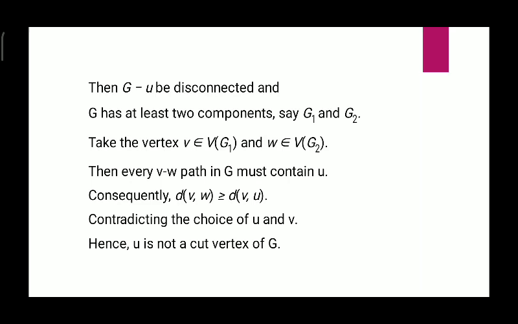Then every VW path in G must contain U. Consequently, the distance between V and W is greater than the distance between V and U, which is a contradiction of the choice of U and V. Hence U is not a cut vertex of G, because we assumed that d of UV is maximum, but we are proving that d of VW is maximum. So this is a contradiction. Hence definitely U is not a cut vertex of G.